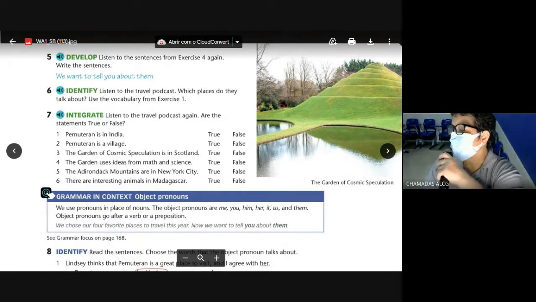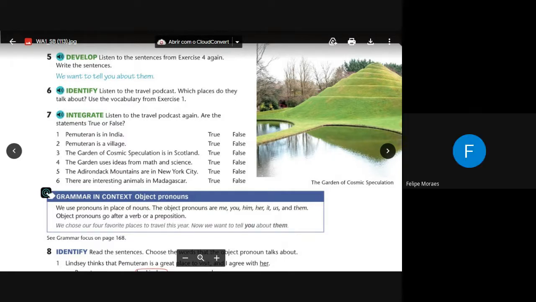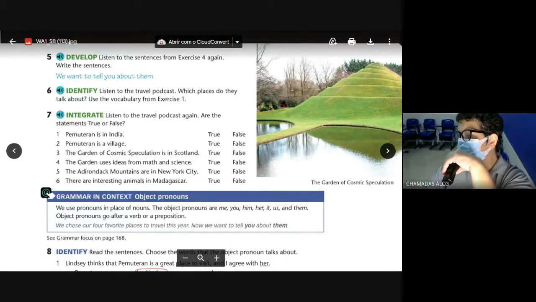I'm trying here too. Unit 10. Ah, okay. Ooh, it's not going. What a pity. This is very bad.